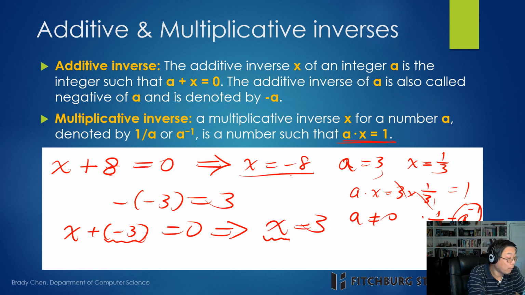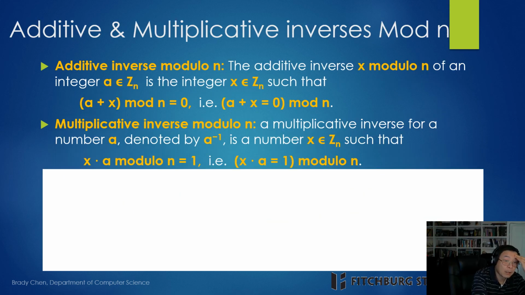It's 1 over a. Now let's compare the additive and multiplicative inverse modulo n and the regular sense. Now let's define the additive inverse modulo n. Let's see the difference in the definition. The additive inverse x modulo n of an integer a in Zn. Remember Zn is the set of integers from 0 to n minus 1.